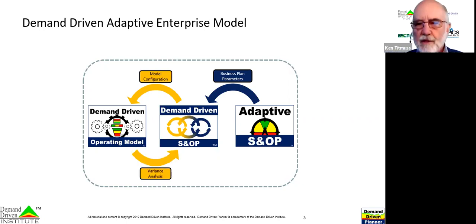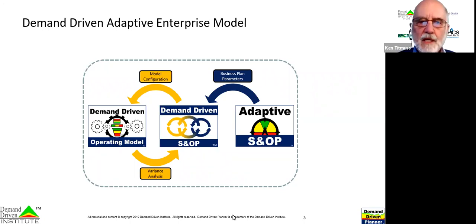Now, this is something that we haven't had available to us in past models that we've been using to plan and control our businesses. But we get this variance analysis coming back from our demand-driven operating model to this tactical portion, the demand-driven S&OP.